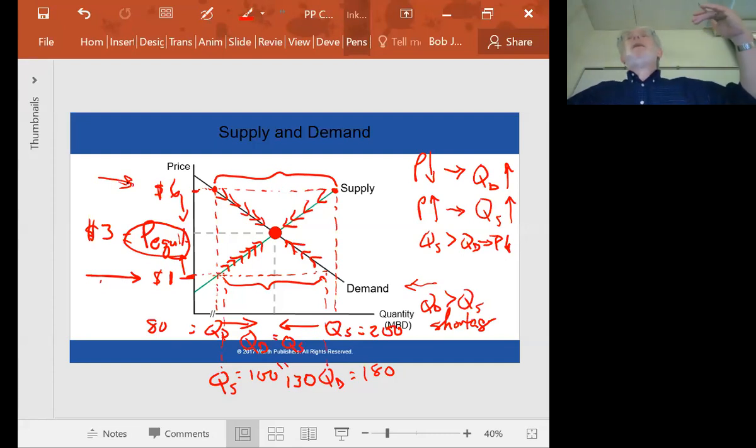If I buy a cup of coffee for $2 and I was willing to pay $6, then I'm getting a $4 consumer surplus on that. But we're not talking about consumer surplus here. We're talking about a market surplus. We're talking about the difference between the quantity supplied and the quantity demanded. So go back to the question: if the price is $6 per unit, there's going to be a surplus, what is going to be the amount of that surplus?